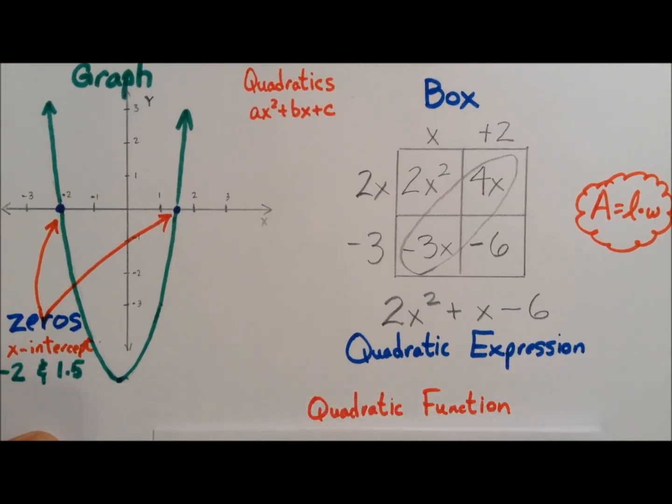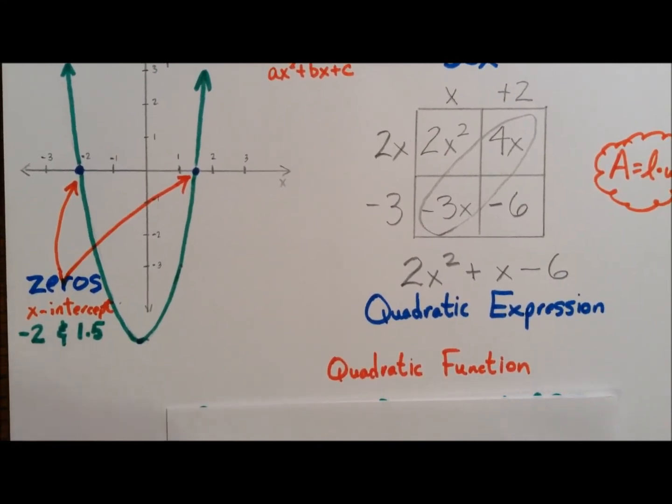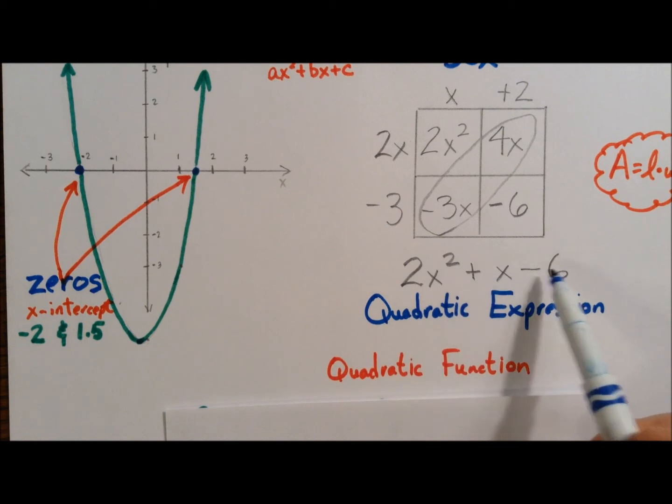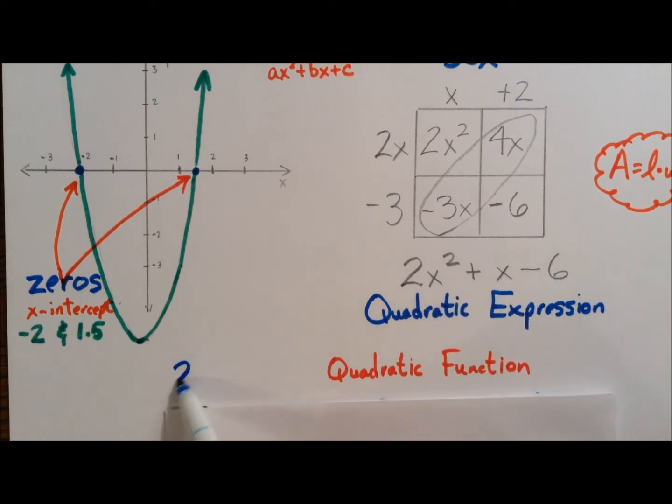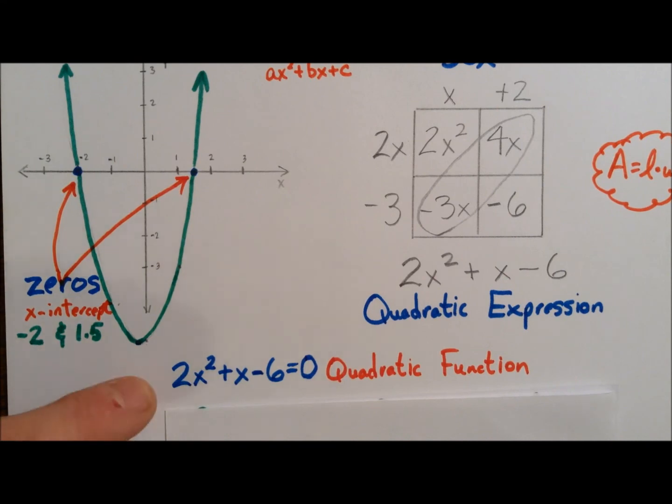So if we take this and say, hey, we have a quadratic function, we take this equation, this 2x squared plus x minus 6, and the function is an equation, so we're going to set that. Guess what we're going to set it equal to? We're going to set it equal to 0. Well, if we wanted to find the solutions, what did we just finish doing? We factored this.